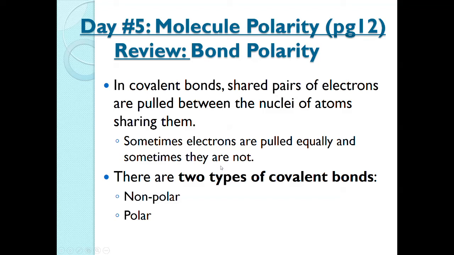Okay, now if they are not shared equally, then they are considered polar bonds. Okay, that means that they have a really high difference in their electronegativities. So one element is going to have a stronger pull on the electrons than the other one is.